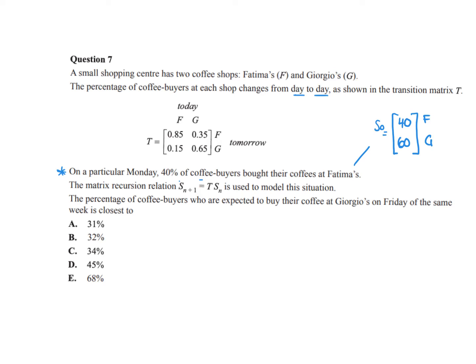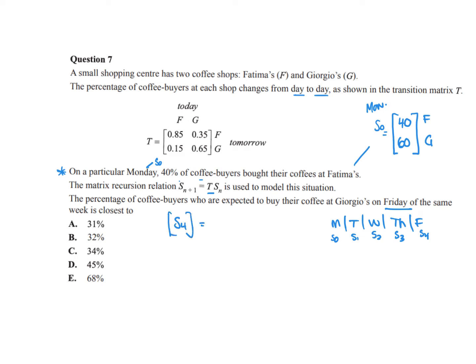Okay, the matrix recursion relation is used to model this. So this is just our normal, meaning that we get the next one by multiplying by the transition before. They ask for the percentage of coffee buyers on Friday, and they said Monday, so S0 is Monday. If you have Monday, Tuesday, Wednesday, Thursday, and Friday, that would be S0, S1, S2, S3, S4. So you want to know what's happening at state 4.